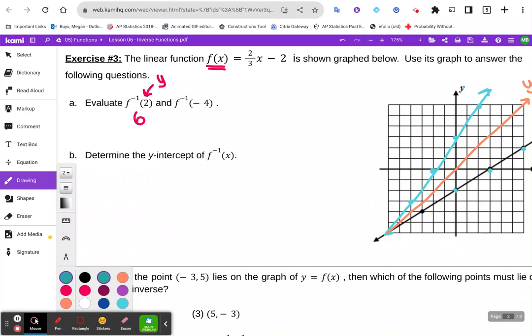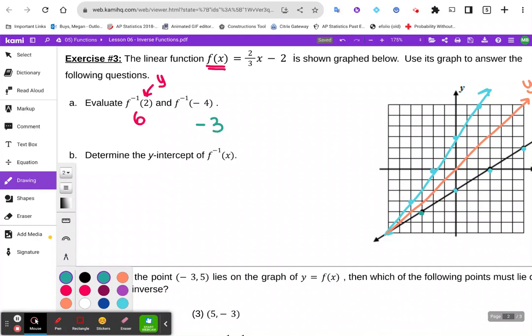Same idea. If I go to -4, if I go from the original point here, original line of -4, that means I'm going down to y of -4, and that's going to get me that value of -3.